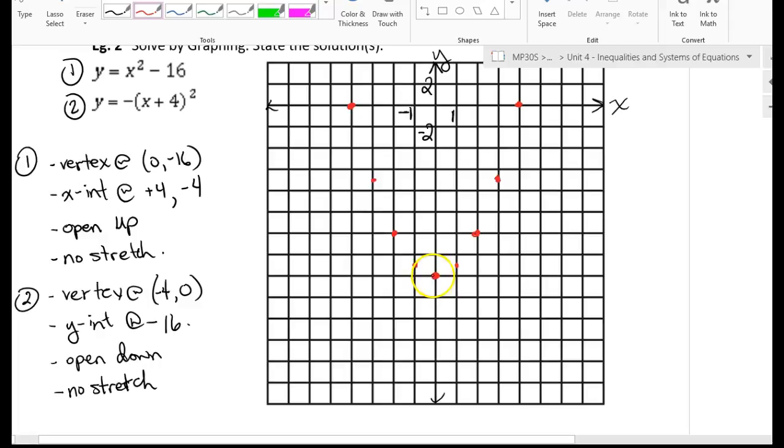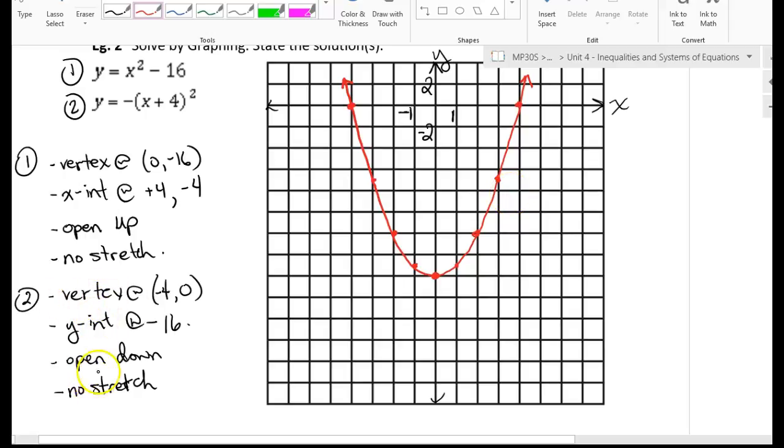So that is equation 1. Now that over and up thing that I was talking about, that's just following the same pattern as a regular x squared parabola. So 1 squared is 1, 2 squared is 4, 3 squared is 9. So that's how I was figuring that out.